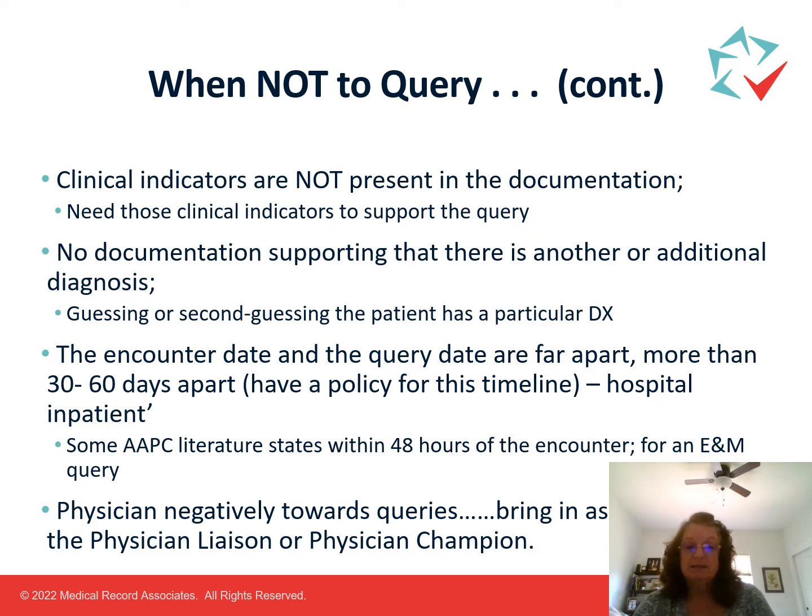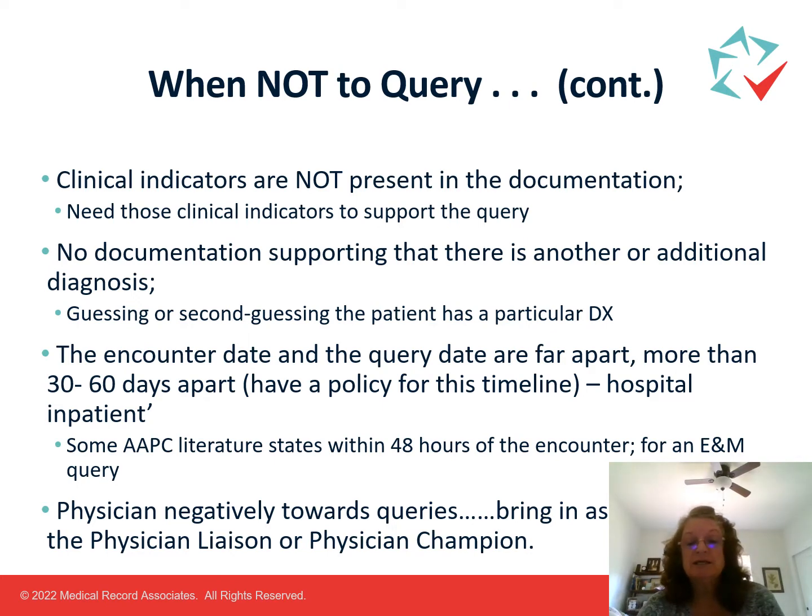The encounter date and the query date are very, very far apart, meaning the querying is way after the encounter. More than 30 or 60 days apart sometimes can raise a flag. So here's another one to make a note of. Do you have a policy on the timeline for your encounters? Now, you might have different timelines for different types of encounters, such as outpatient encounters.